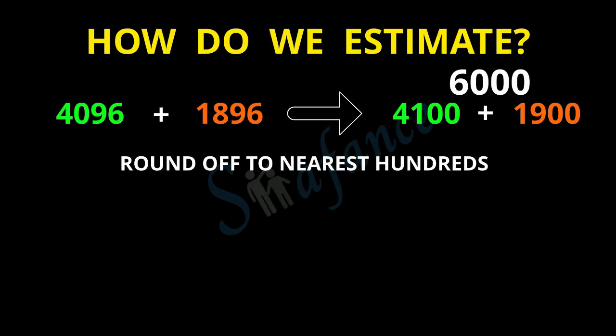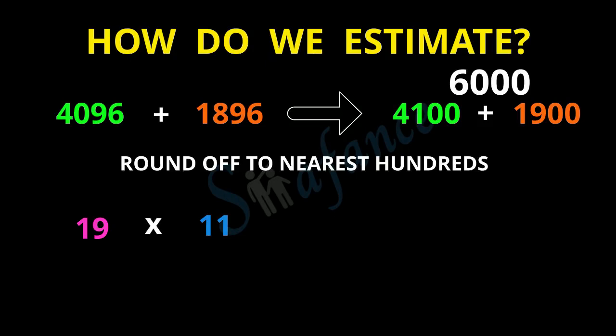Now let us have a look at another example, in which we will see the multiplication of numbers. So our first number is 19 and we'll multiply it with 11.